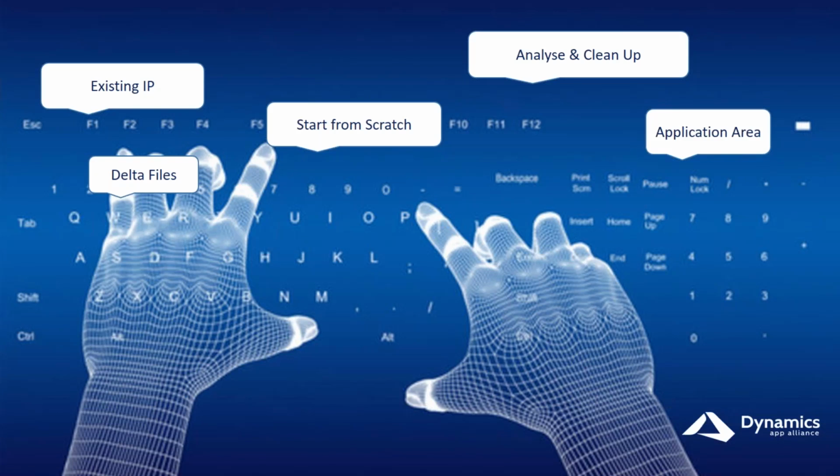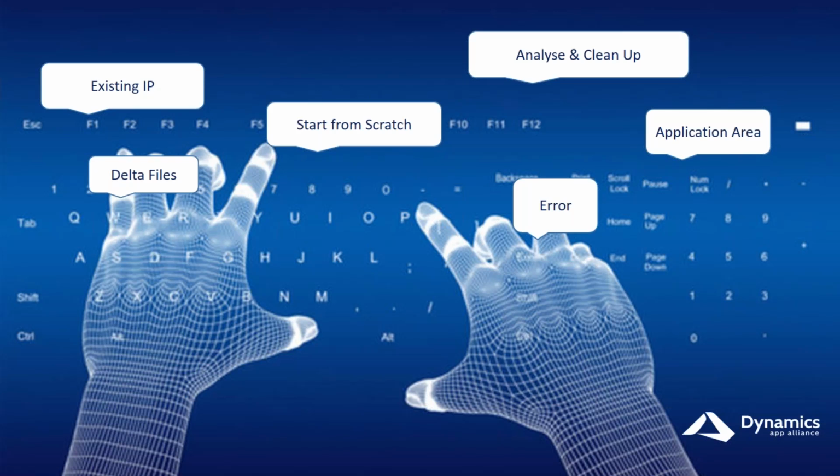So from a technical perspective, Delta files are typically the next thing that developers need to get their head around when they work with apps, as well as the new property application area, which becomes a mandatory property that Microsoft has introduced for NAV 2017.